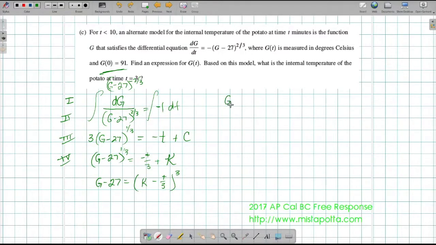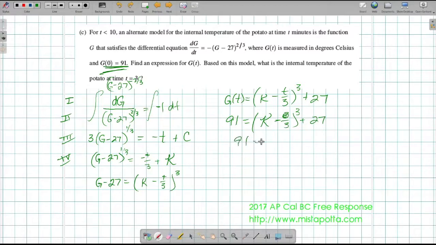So what I've got is g of t is really equal to my constant minus t over 3, cubed, plus 27. And now I can use this tidbit here. So I have 91 equals k minus 0 over 3, cubed, plus 27.